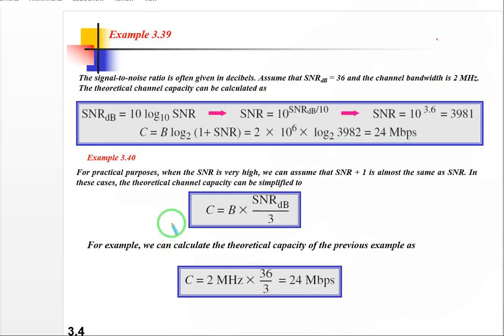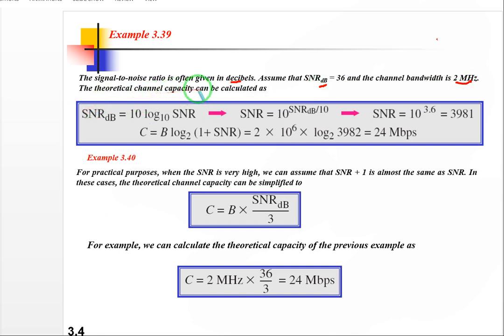So coming to another example, example 3.39 from the book. He said that the signal to noise ratio is often given in decibels. You know that we always take the signal to noise ratio in decibels, or the value of a signal is always in dB. So assume that the signal to noise ratio in dB is equal to 36, and the channel bandwidth is available.